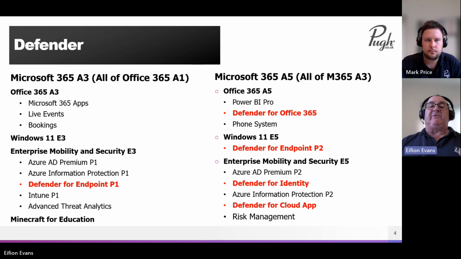However, this is not the full picture when it comes to Defender. There is also Defender for Cloud, which is a multi-cloud solution which provides protection for things like containers, virtual machines, and storage, not only in Azure, but on premises and in other clouds such as AWS.